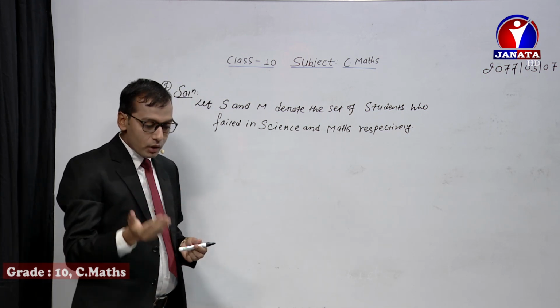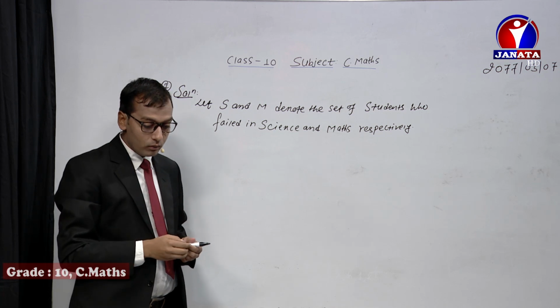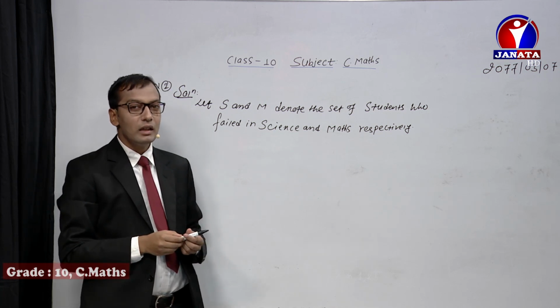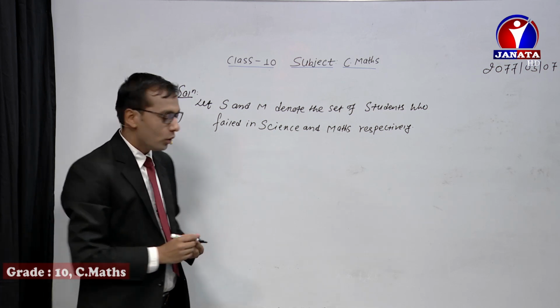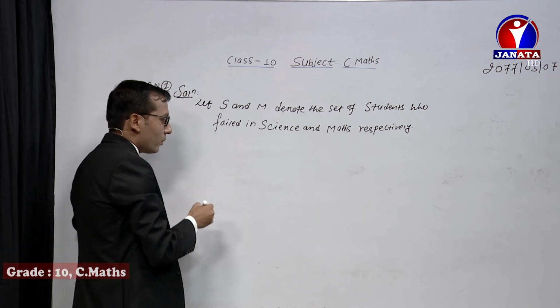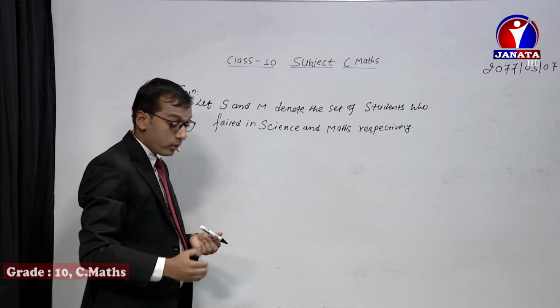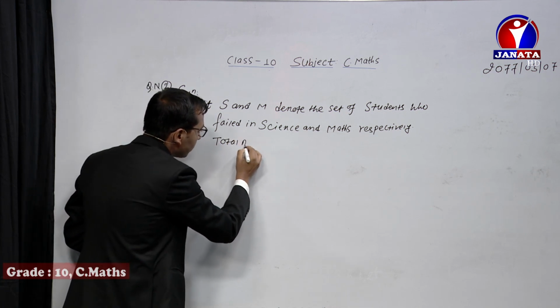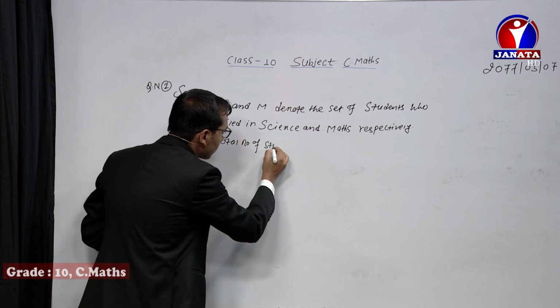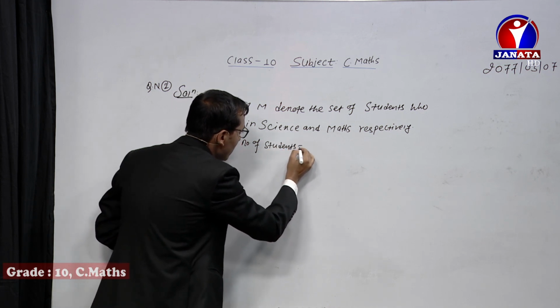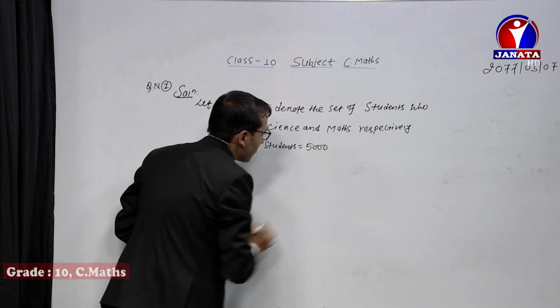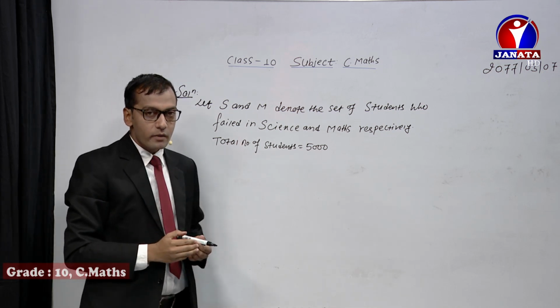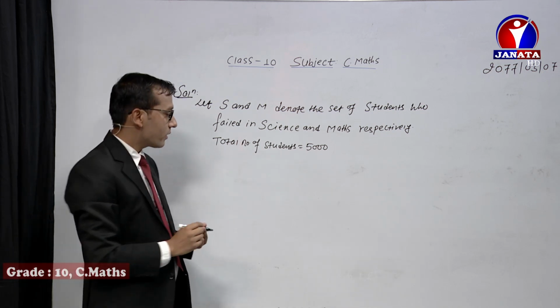There are 5,000 students, but out of 5,000, only 20% of them failed in the SE examination. So what is the total number of students? Now I'm taking the information given from the question. Total number of students is 5,000. So how many students failed? 20% students failed.